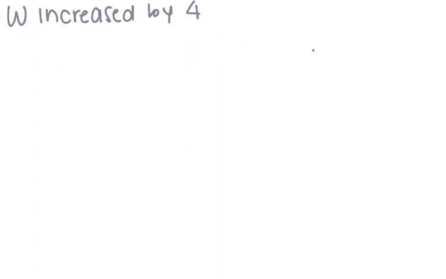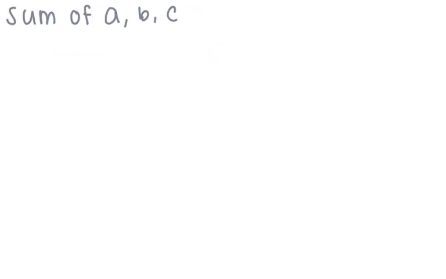So now what expression is going to show W increased by 4? So increased by tells us that we are going to be adding. So we can have W plus 4 or 4 plus W. So now what expression can represent the sum of A, B, C?